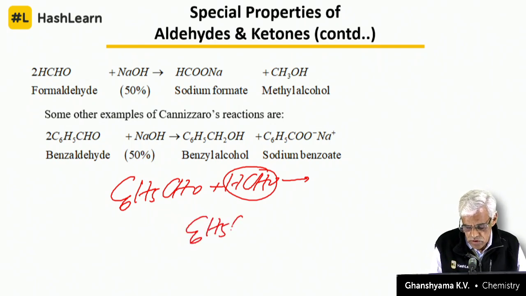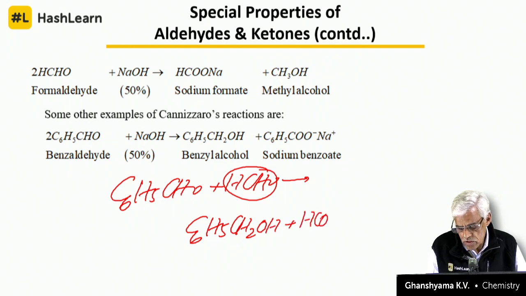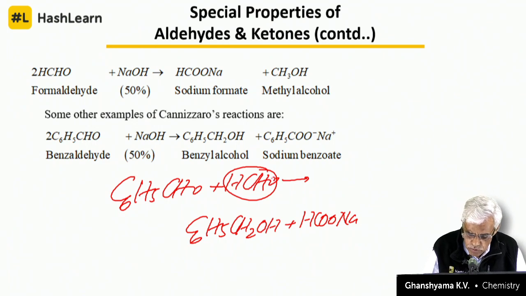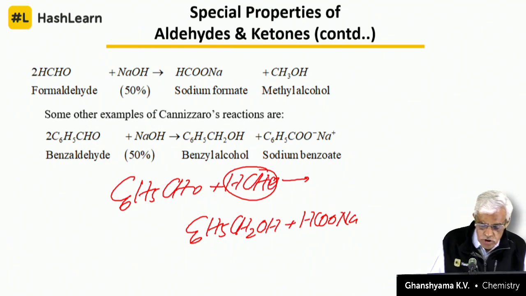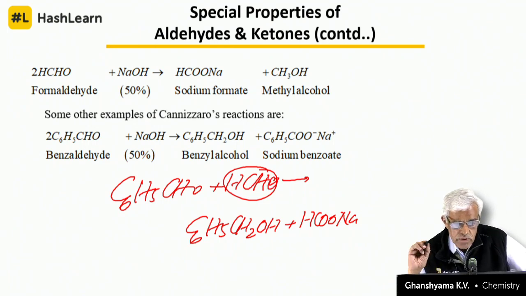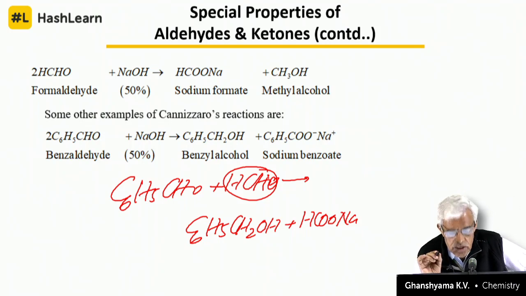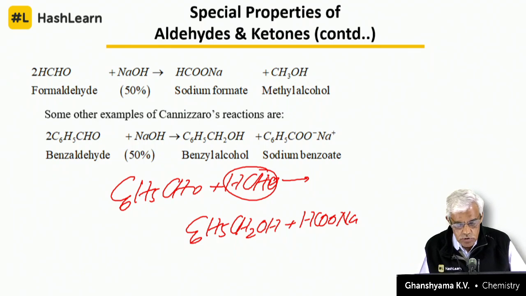So, you get C6H5CH2OH plus HCOONa. The smaller molecule aldehyde undergoes oxidation, the bigger one, the bulkier one undergoes reduction. Okay? Right. That is about Cannizzaro's reaction.